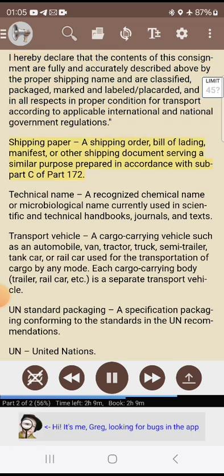Shipping paper, a shipping order, bill of lading, manifest, or other shipping document serving a similar purpose prepared in accordance with Subpart C of Part 172.